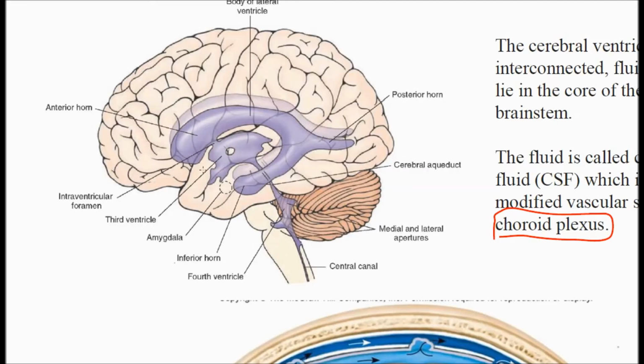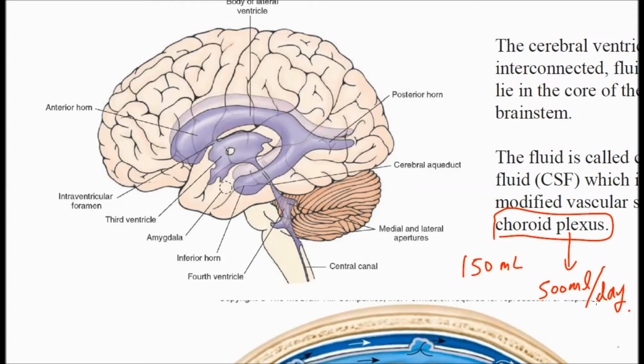If you add up all the volumes of this hollow space, it's about 150 milliliters. It's a tiny space. But in the choroid plexus, we produce about 500 milliliters per day.